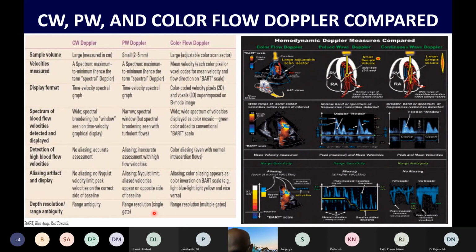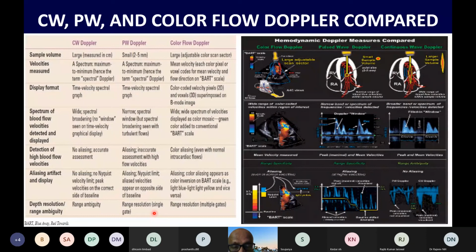And then we have the tissue Doppler where you want to remove the high frequency component and then concentrate on the high amplitude component. This is utilized when you put the sample volume on the tissue, for example, the mitral annulus or the tricuspid annulus.